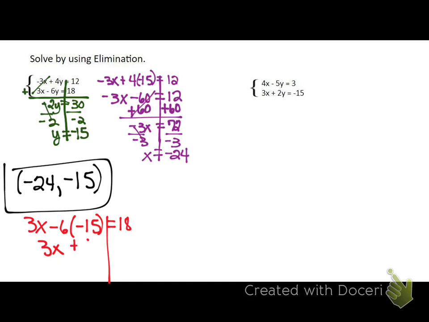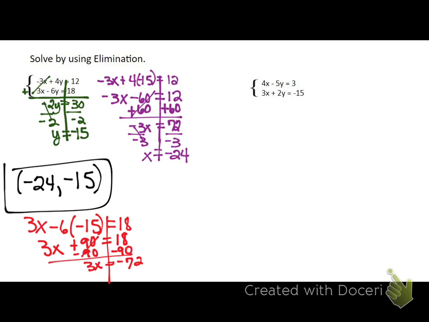Positive, equals 18. Then what? Minus 90. Okay, and I got 3x equals negative 70. There we go. So you still would be right. So what Josh just proved to us is that it does not matter which equation you use, right? Yeah. Okay, let's look at our last one here.